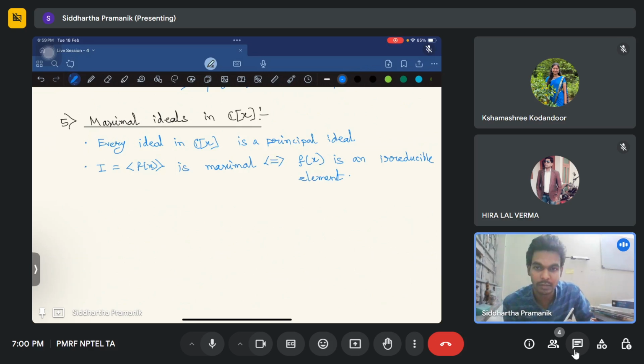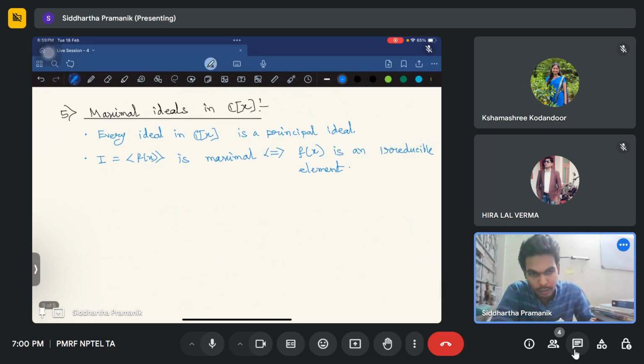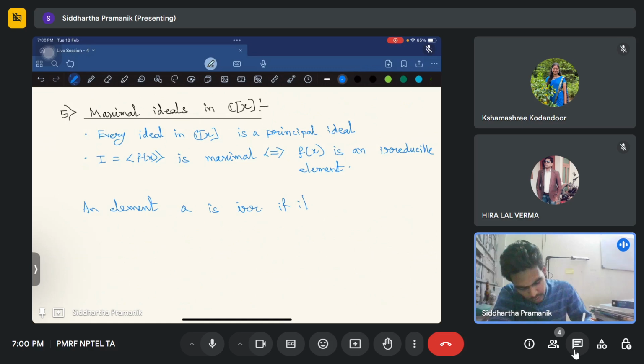So can you guess when a polynomial in C[x] is irreducible? An element, let's say a, is irreducible if it cannot be written as a product of two other non-zero non-unit elements.